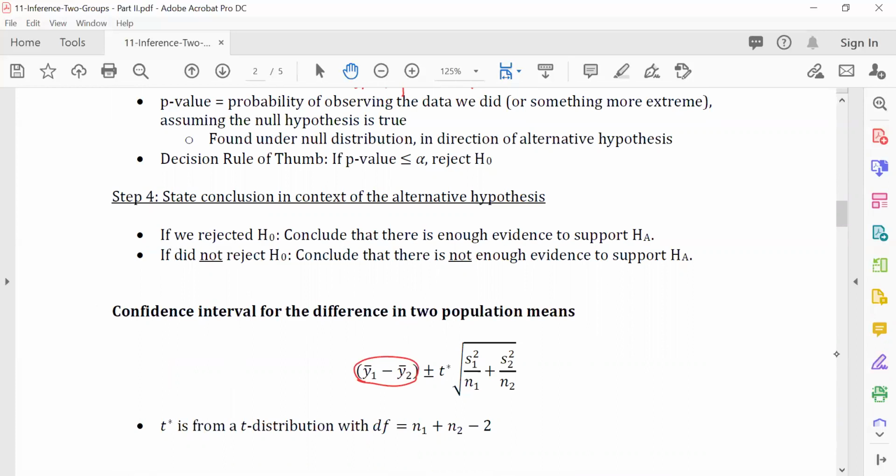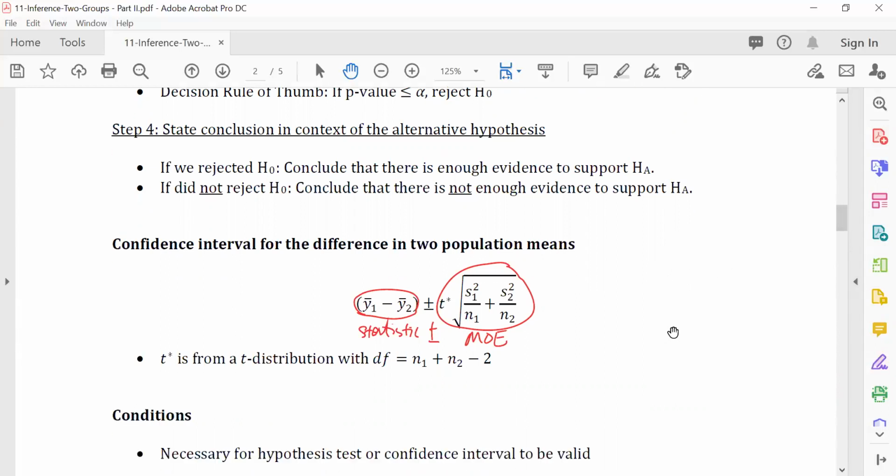You have a statistic plus or minus the margin of error. And how would you find this t critical value? It will be from a t distribution with the degrees of freedom n1 plus n2 minus 2. Again, this is approximate.